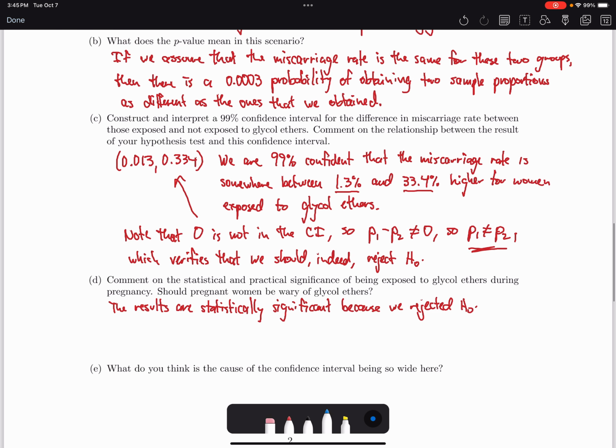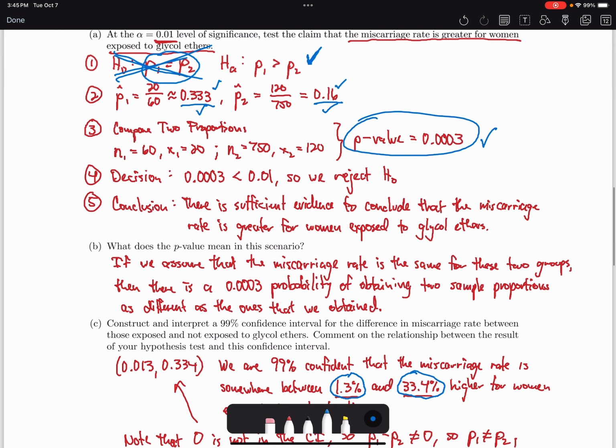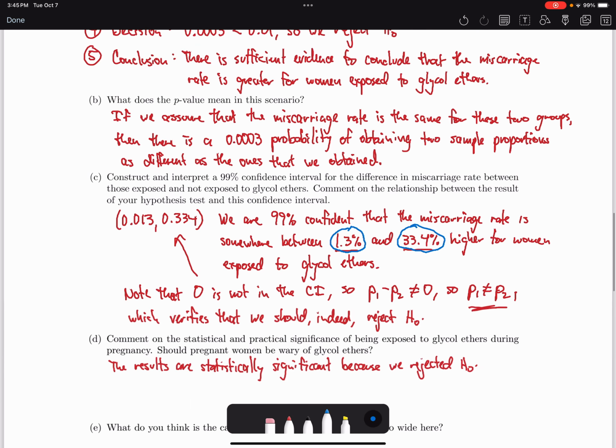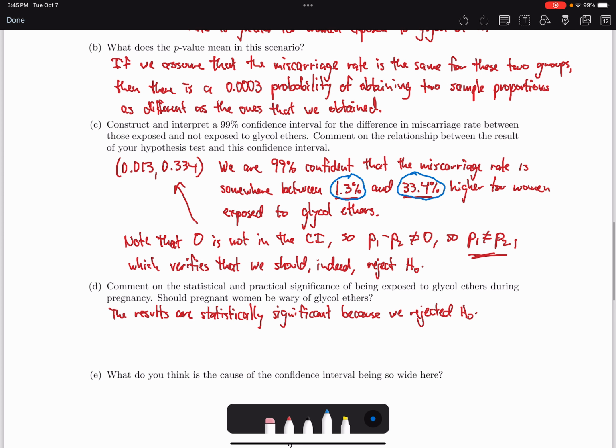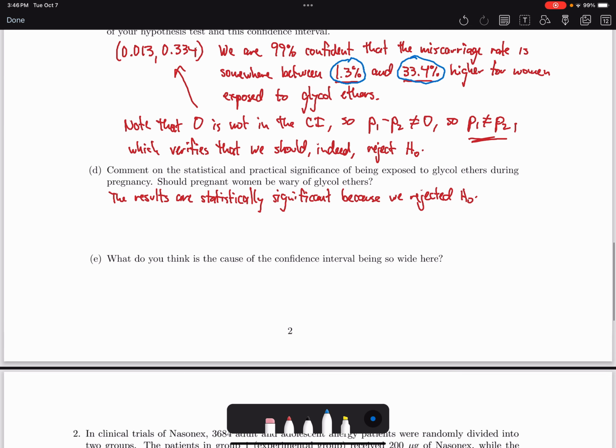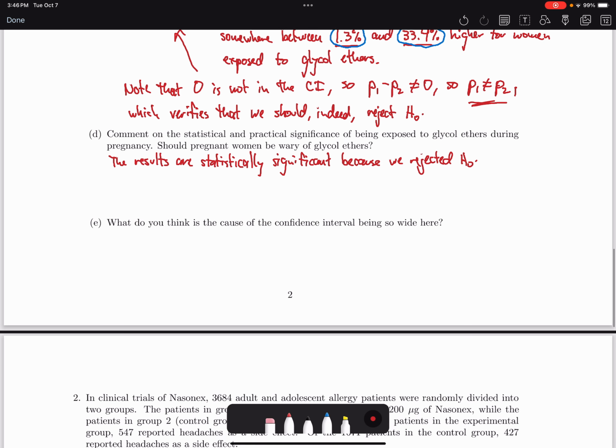What I would maybe point to are the differences in the sample proportions, right? In group 1, the miscarriage rate was twice as high as the miscarriage rate for group 2. So you could say, women who are exposed to glycol ethers are twice as likely, right? So as far as practical significance is concerned, I would argue that yes, there is some practical significance here.